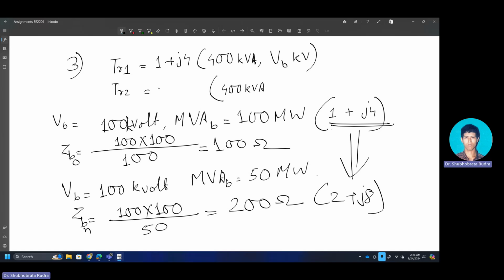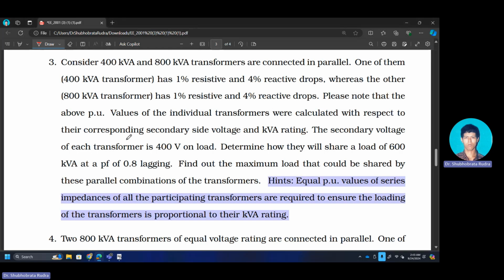Similarly, transformer 2, when it had 800 kVA and the same VB, had 1 plus j4, but when I convert it to 400 kVA, this will become double. Right. So in that process, you get the value.